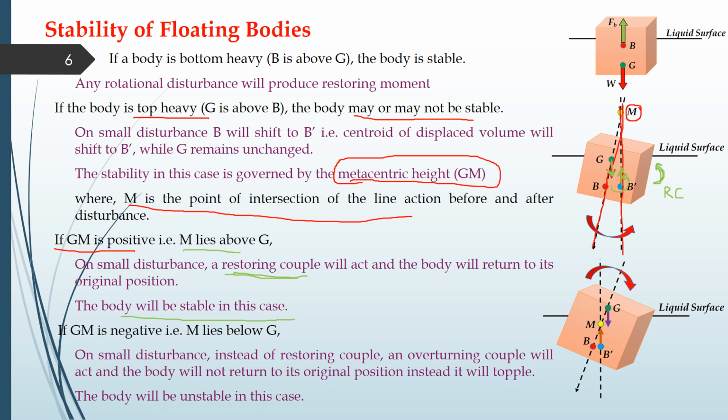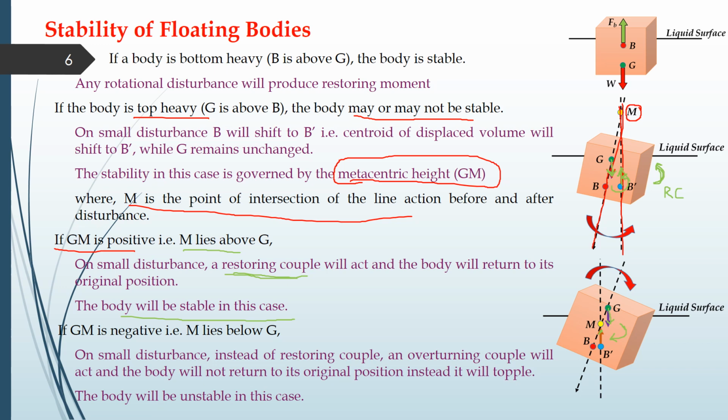What will happen? See, we will have the buoyant force acting like this, and we have the force due to the weight of the body. So the couple produced by these forces will be in this direction, that is, in the clockwise direction.